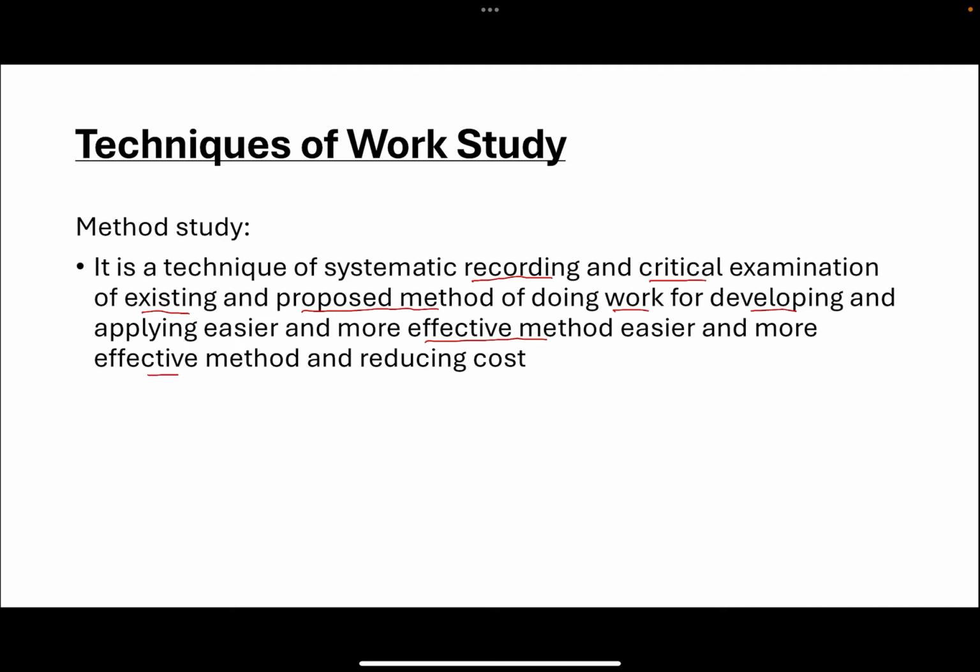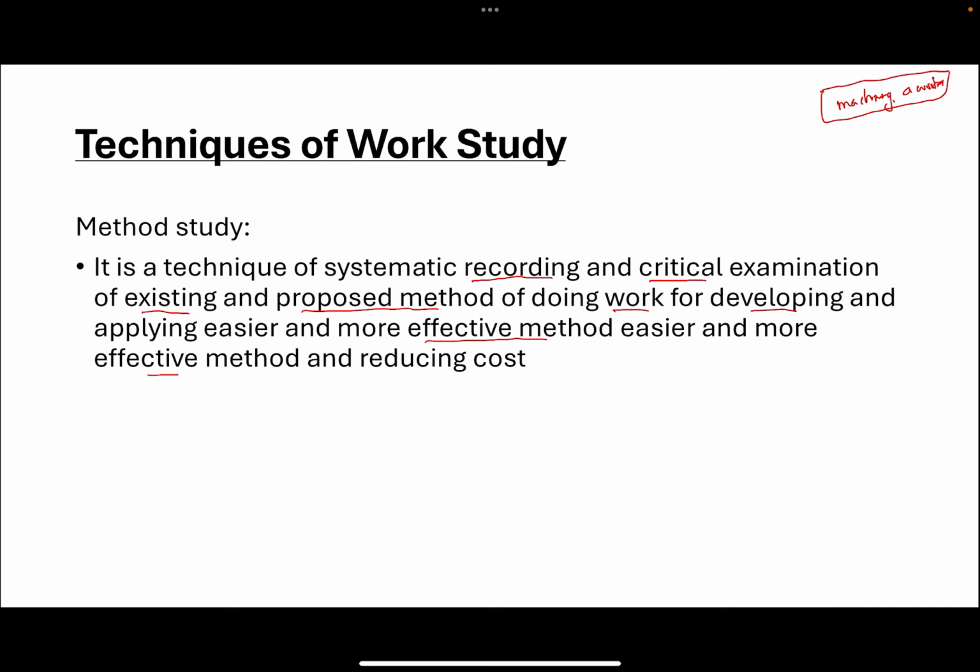Suppose we take the example of the manufacturing of iPhone. In that manufacturing process, one particular process is machining. A worker is doing that job. So basically in work study, we are trying to find the best method to do this particular job.